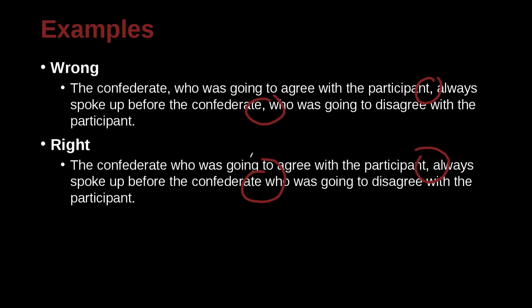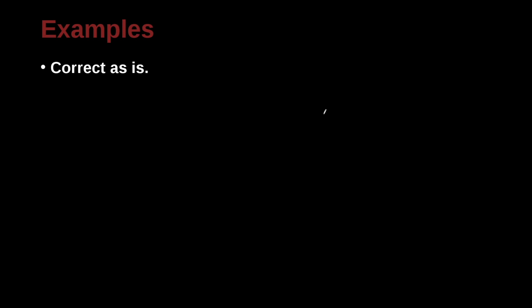It looks to me like this part of the sentence goes all the way to the end rather than being a separate idea. Always spoke up before the Confederate here. You cannot really cut this out. It doesn't make sense anymore because it goes together. So that is not a non-restrictive adjective clause.